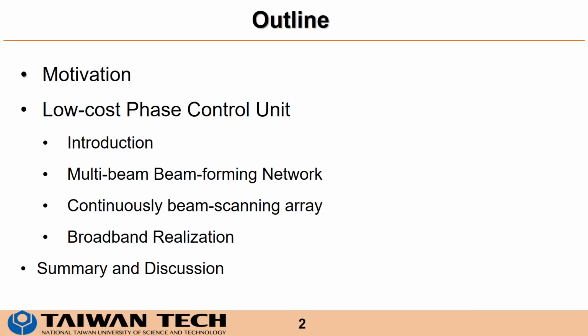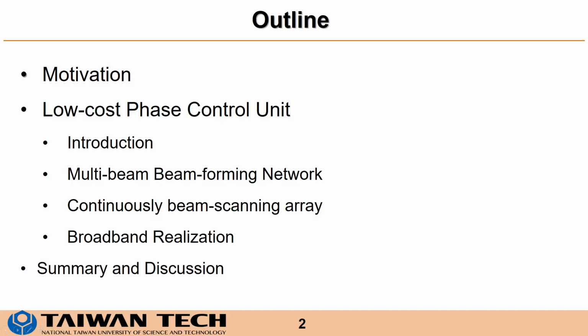All right, so let's start with the outline first. I'm going to divide my presentation into three parts. The first section, the introduction. I will describe the requirement for beamforming networks in many commercial applications nowadays, and the key enabling component for the continuously beam scanning phase array.